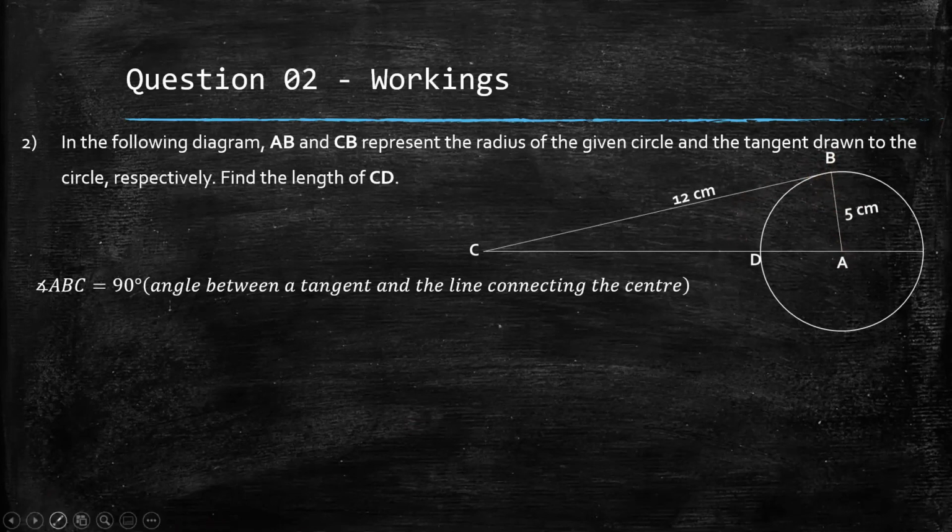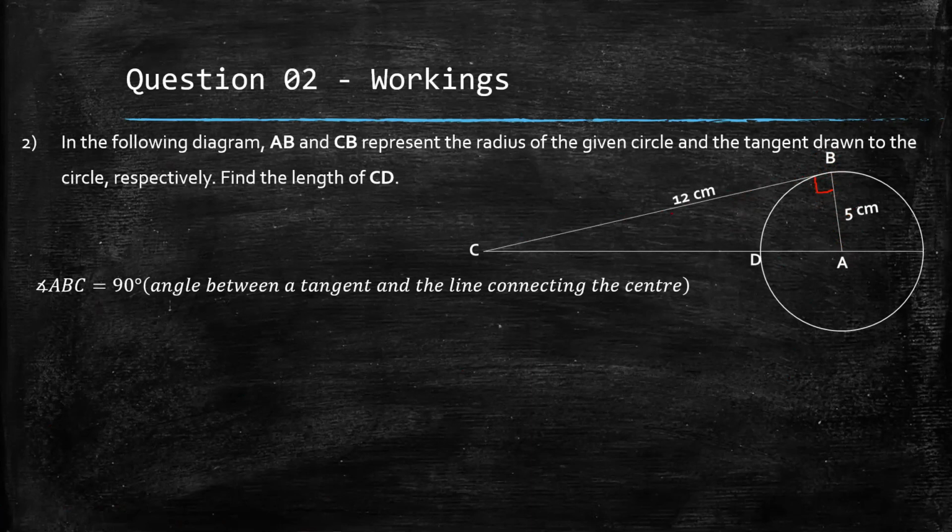So you can see this angle will be 90 degrees. This will be the tangent. This will be the line connecting the tangent point and the center. The angle between is 90. That is the theorem that comes under tangents.